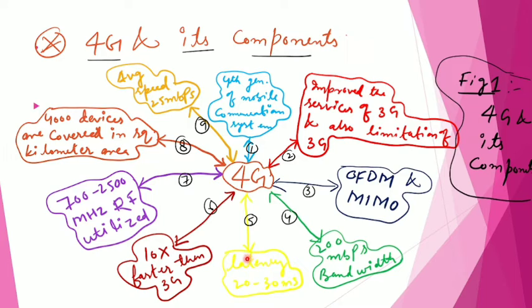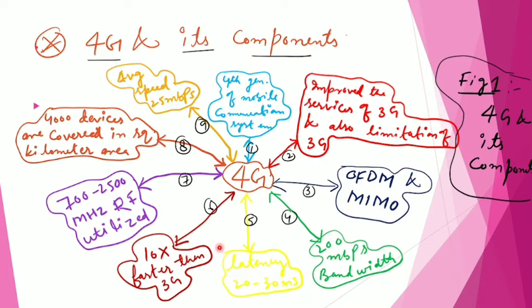Latency is the propagation delay, the time a signal takes to reach from the transmitter to the receiver. That is called latency or delay. The latency is 20 to 30 milliseconds in 4G.